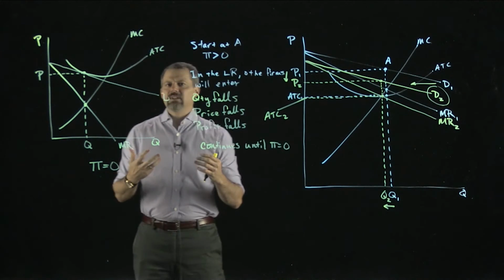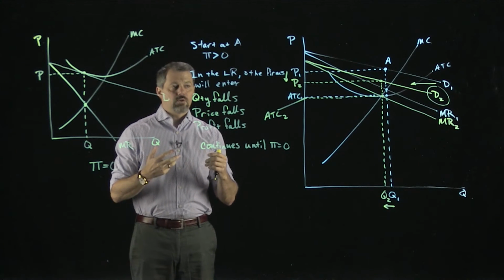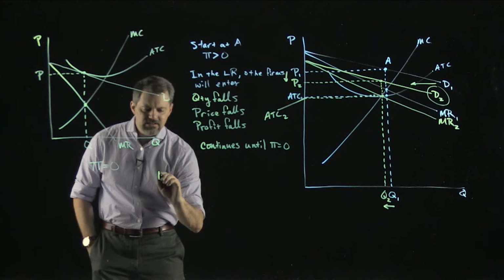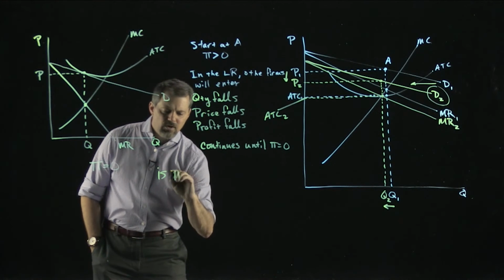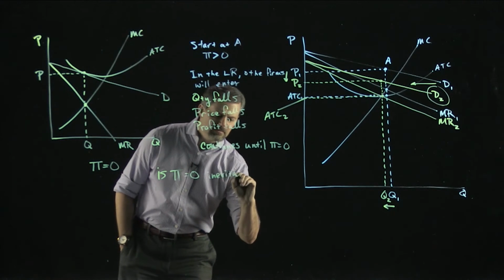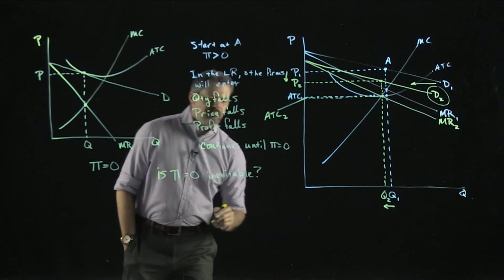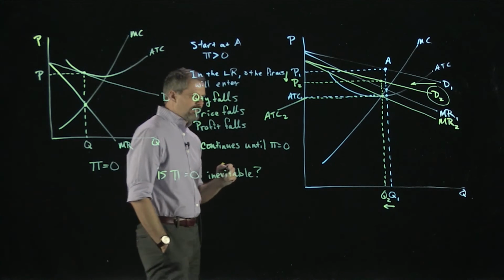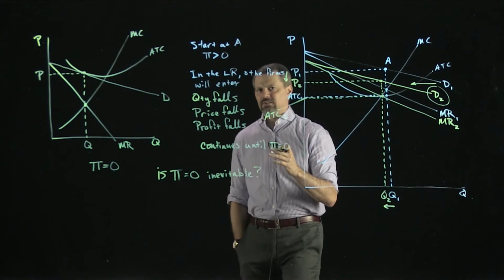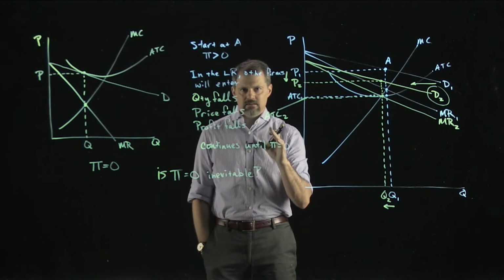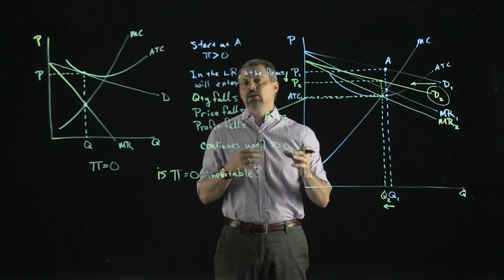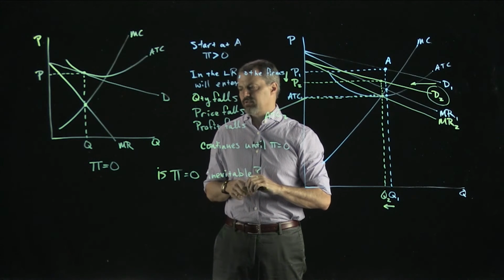Let's finish up this section, actually this chapter, by thinking about this question: is profit equal to zero inevitable? We've seen that profit gets driven to zero in a lot of different situations in this last half of the semester, where we're thinking about different market structures.